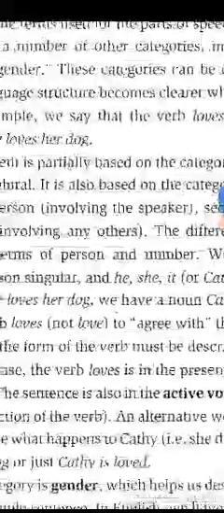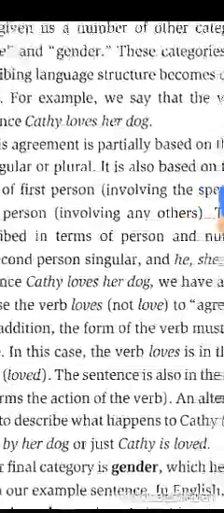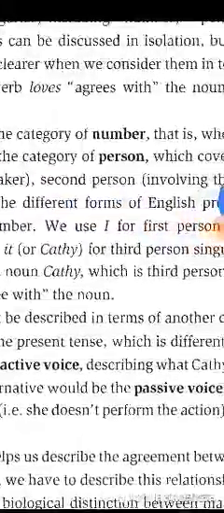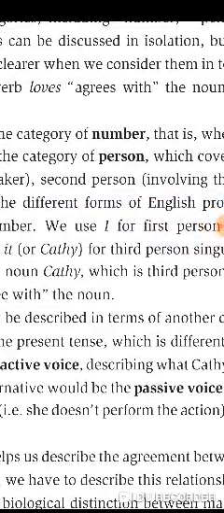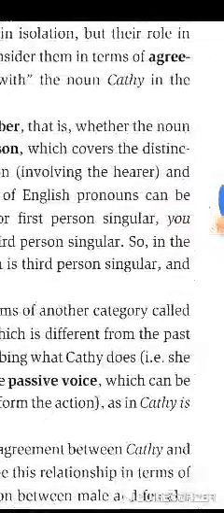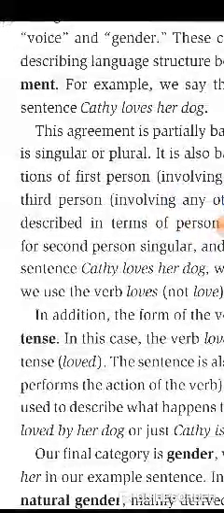The next paragraph says that agreement is partially based on the category of number. What does number mean? It is whether the noun is singular or plural.